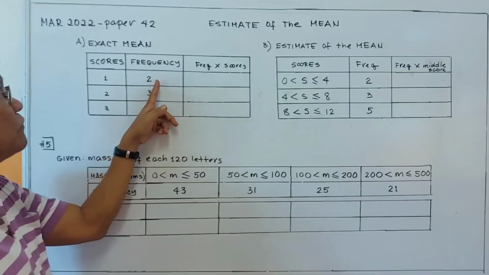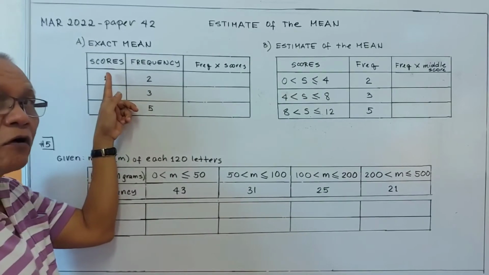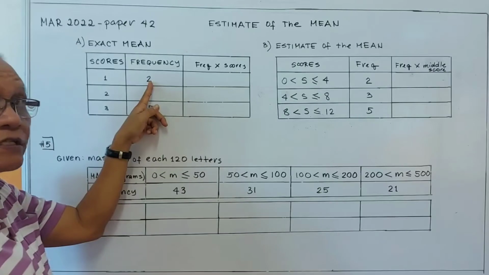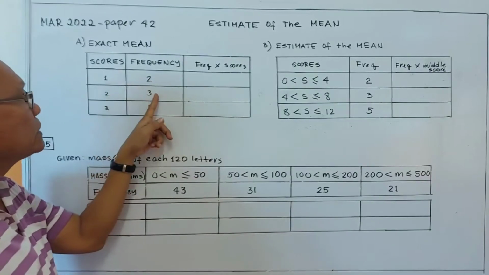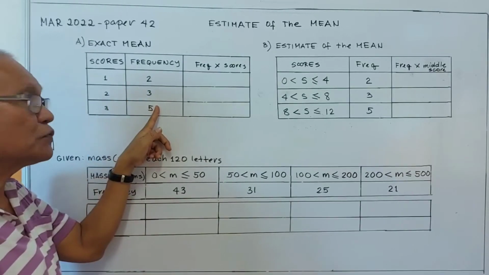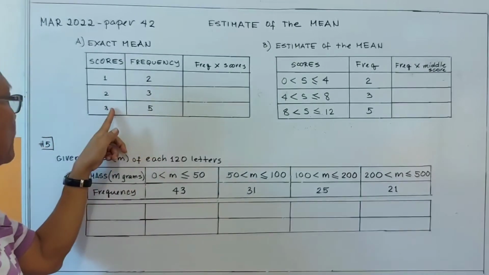So if we have the scores here of our students, it means that 2 students got a score of 1, 3 students got a score of 2, and 5 students got a score of 3.